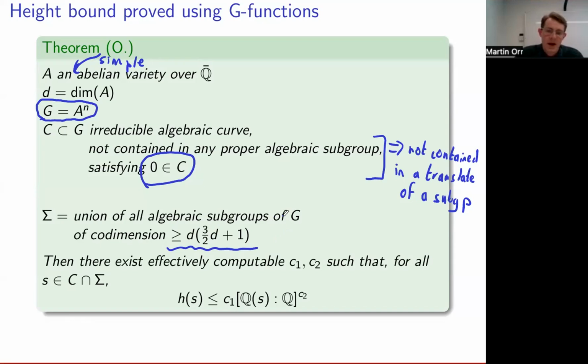And then the final way that this theorem is weaker is the bound that you get at the end says this height is less than some polynomial in the degree of the field on which S lives, where previously you just had this height was less than or equal to a constant depending on A and C, obviously.